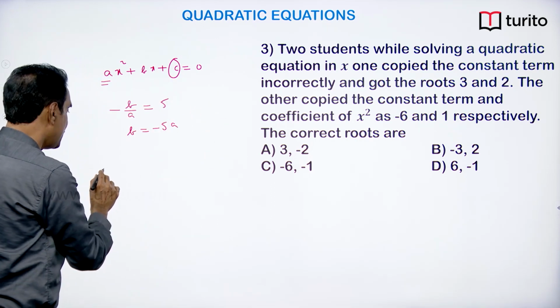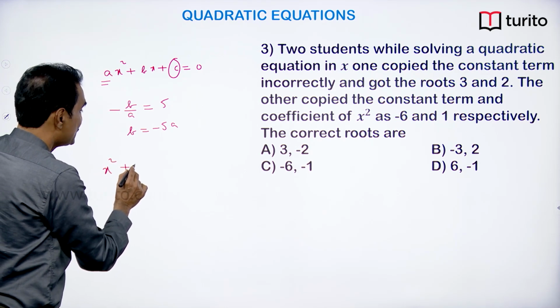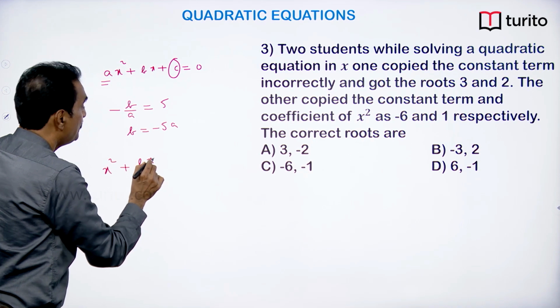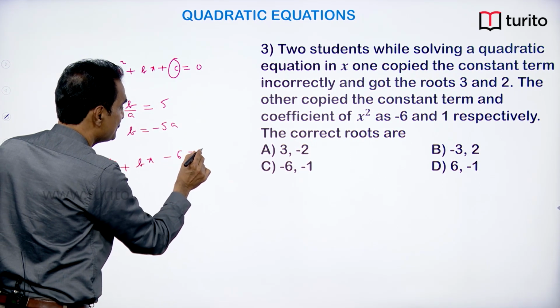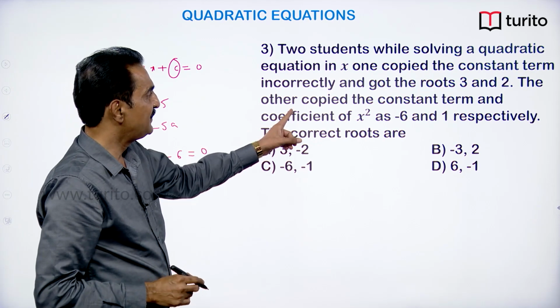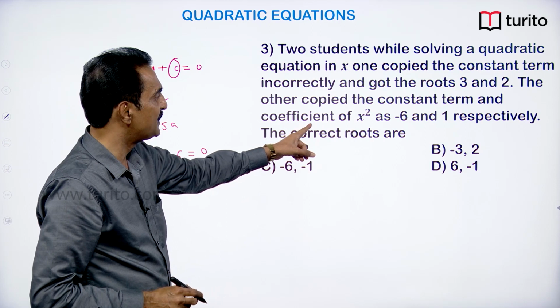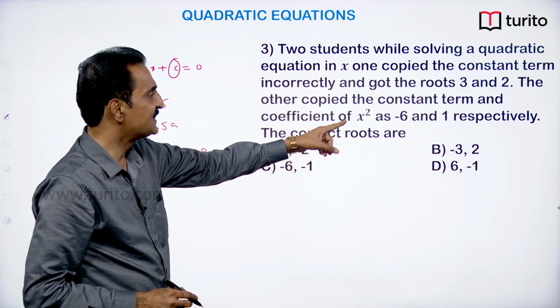So the second student took x square plus bx plus c, where c is minus 6. It must be given that he copied the constant term and coefficient of x square as minus 6 and 1.